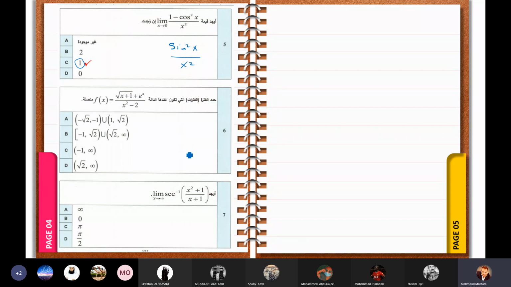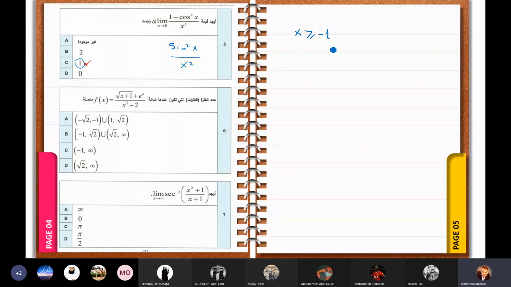So we have to find the domain for each one. For x plus 1, what is the domain? X must be greater than or equal to -1, right? Yes. What about e power x? From negative infinity to infinity.